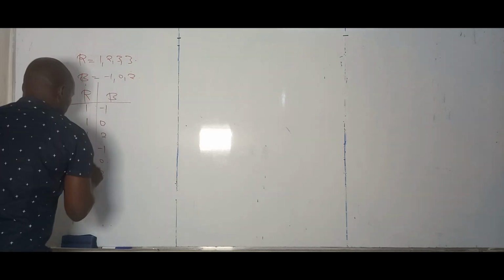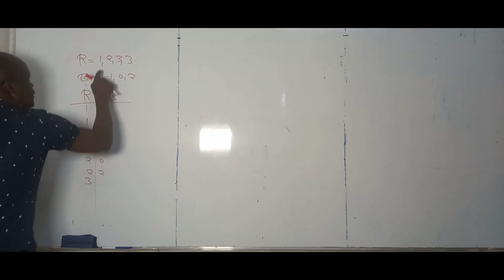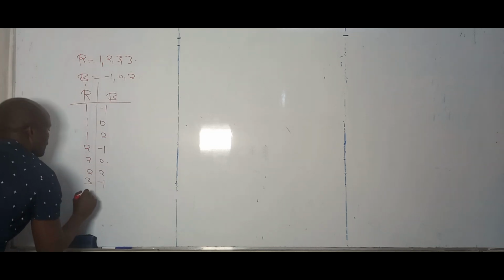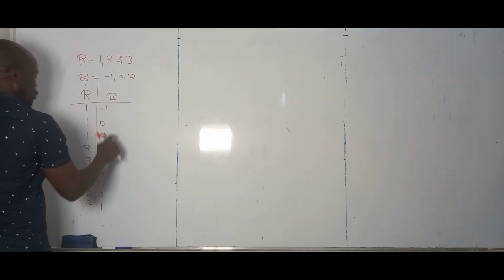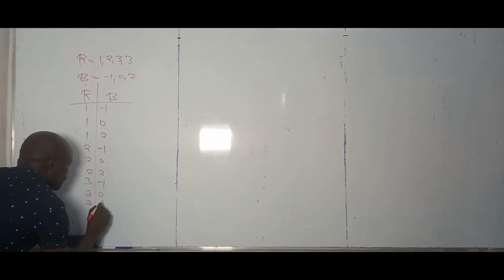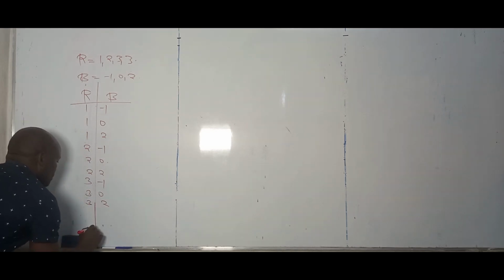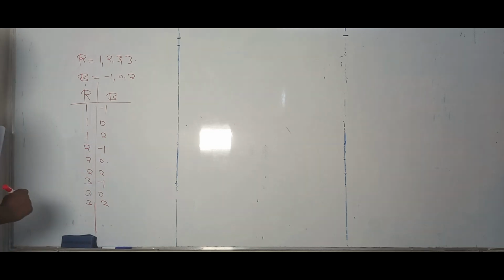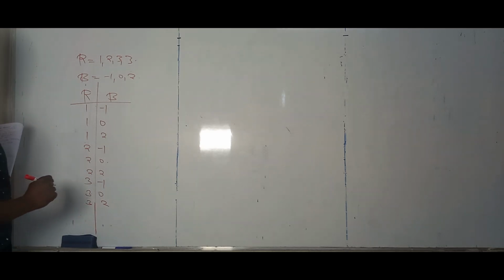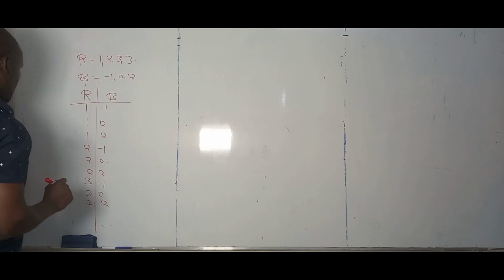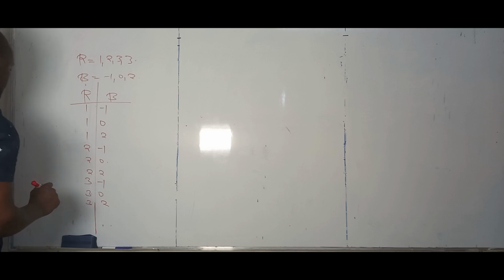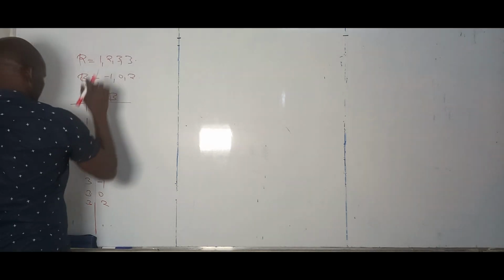Then I get to 3: 3 and -1, 3 and 0, and 3 and 2. Now, these are the possibilities, but I still have another 3.